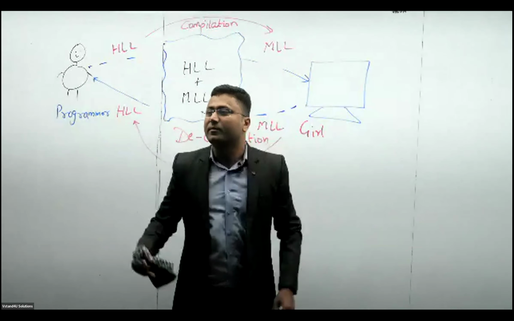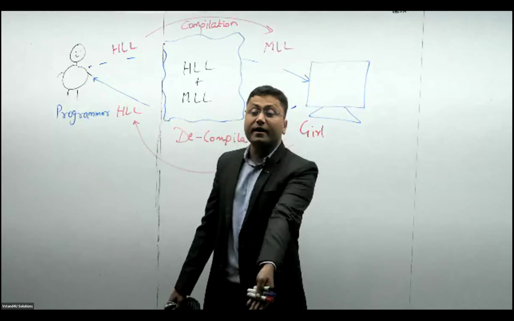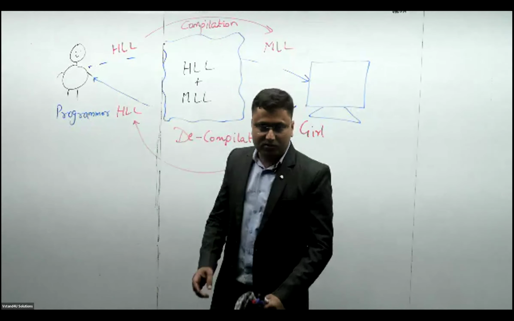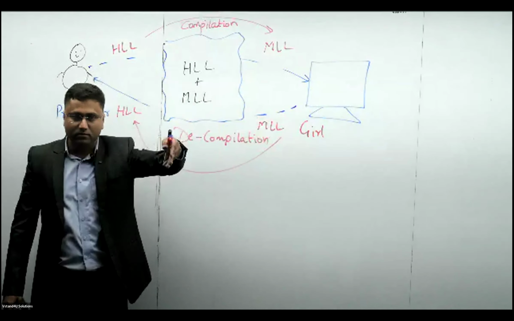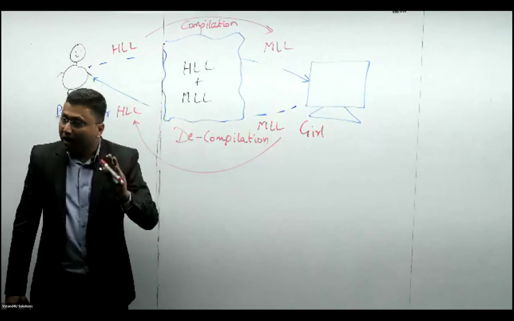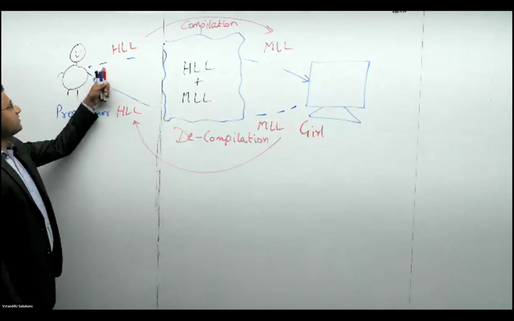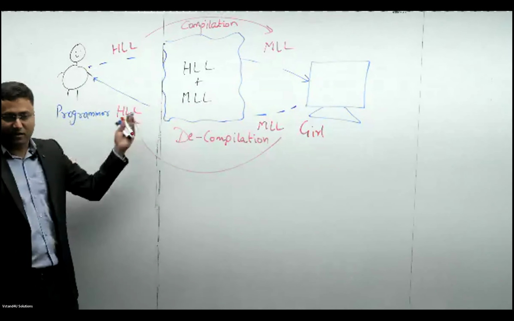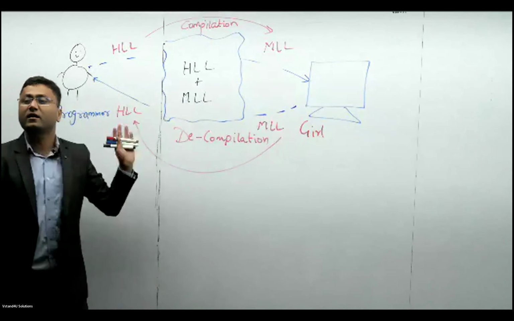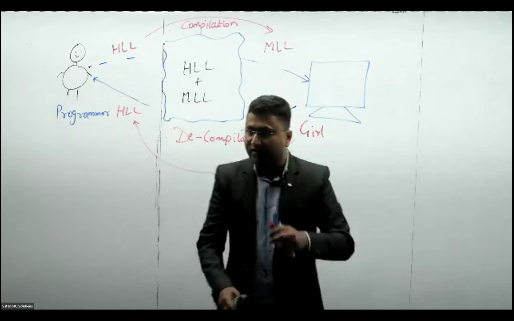This process is nothing but called programming. Programming is a way to communicate with the underlying machine. Am I clear? Okay, sir. But the point is HLL, high level language, is human understandable language. We understand, being programmers, being humans, we understand high level language. How about the computer, sir?